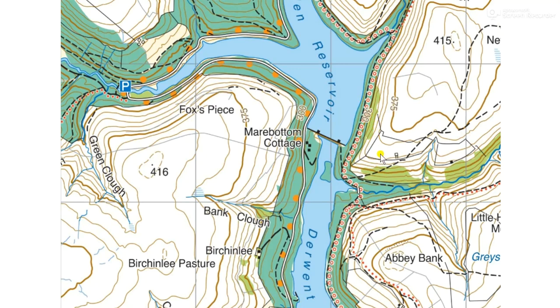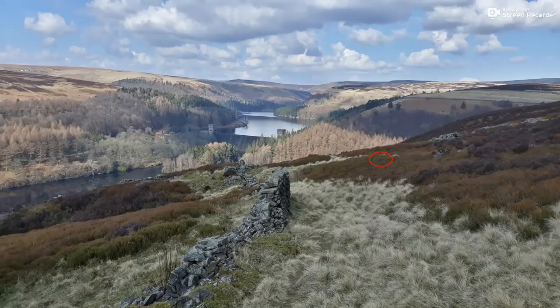Well, we can see how close it is to the wall going out of sight. So we're looking at something like that there. And the wall to the right, as we look, then disappears into this stream, head of that stream that we can't actually see on the map. So there it's going out and disappearing out of view. So that's where the wall is. That was the feature we're looking at.